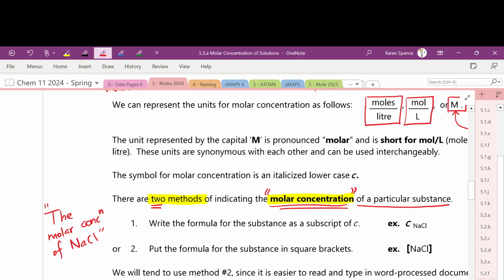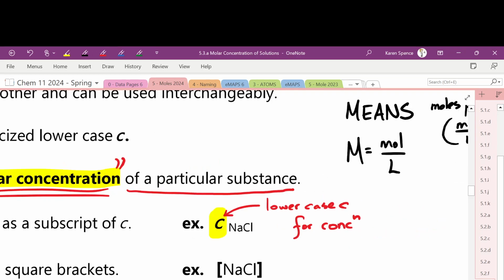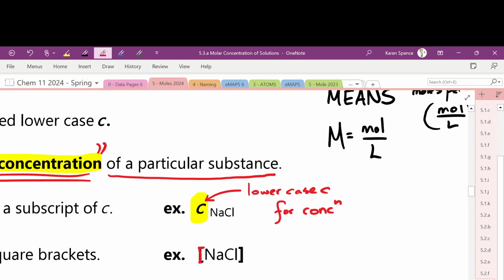I could write it as the letter c for concentration, and that's a lowercase c, or I can write square brackets around the formula.